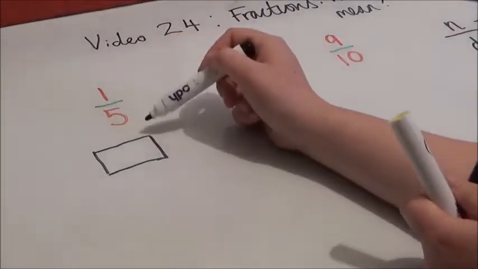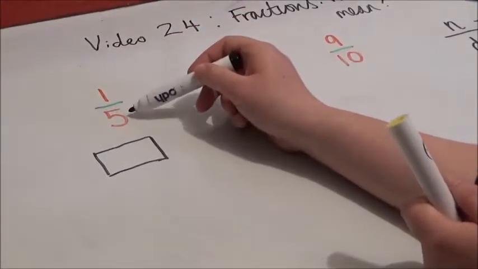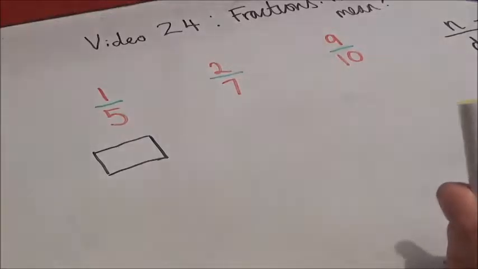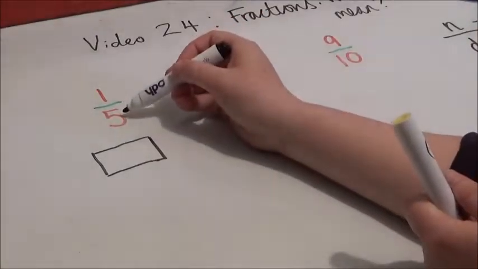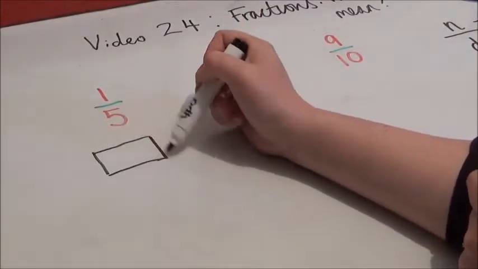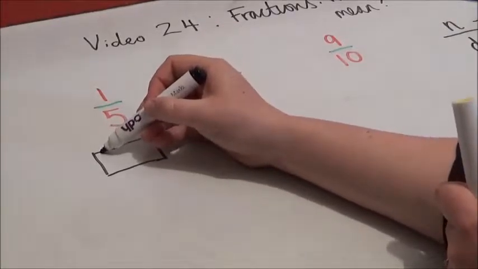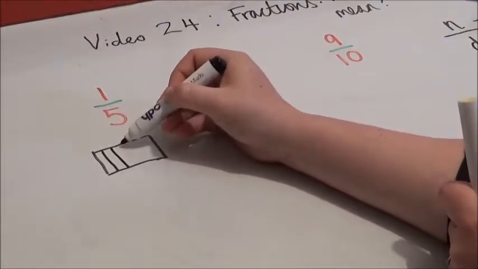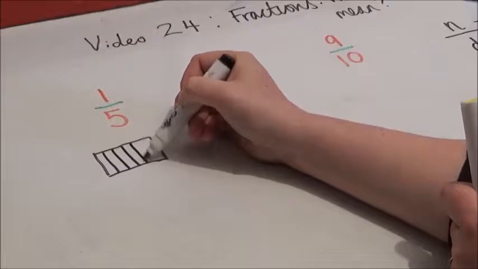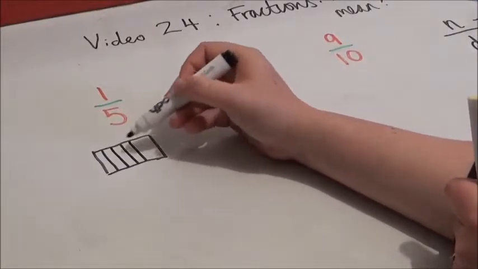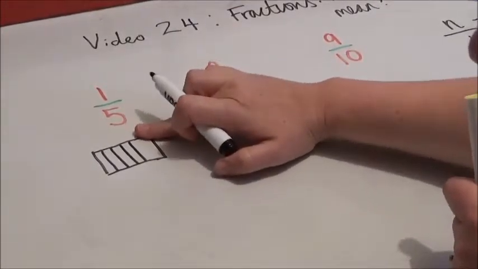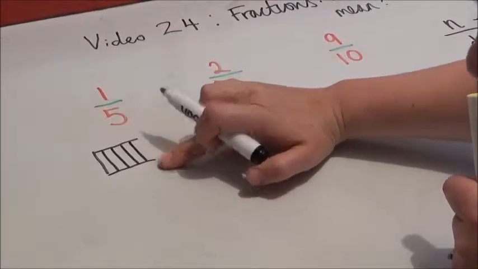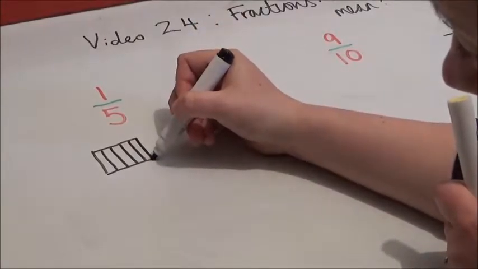So here, I've got one whole rectangle, and my denominator tells us how many pieces make a whole. So I need to cut my rectangle up into 5 pieces. 1, 2, 3, 4. Oh, that bit there isn't equal to the rest of this. So I'm going to make my rectangle a little bit smaller.